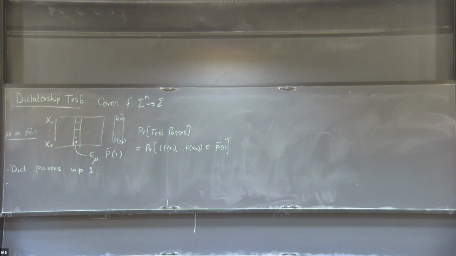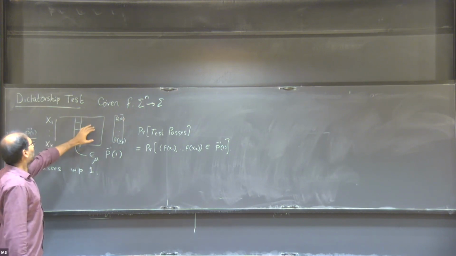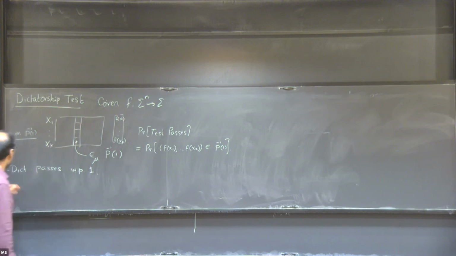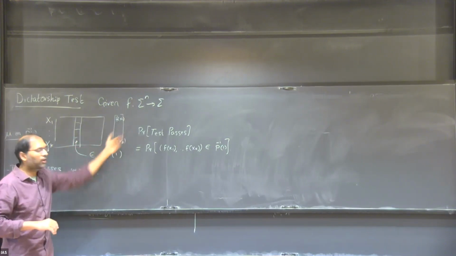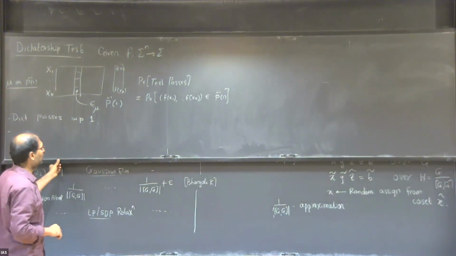From the property testing viewpoint, what we would like now is to figure out, given a function f which is far from being a dictator, what's the maximum probability with which it could still pass this test? So that's really the question that becomes the key.